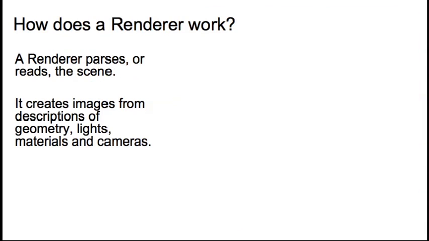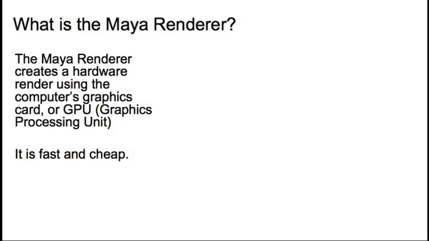And so the question is, how does a renderer work? Well, it essentially parses, or reads, the scene, and it creates images from the various technical descriptions of geometry, lights, materials, cameras, and so forth, and turns them into a flat two-dimensional image.